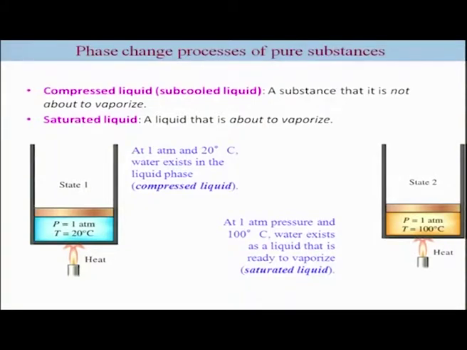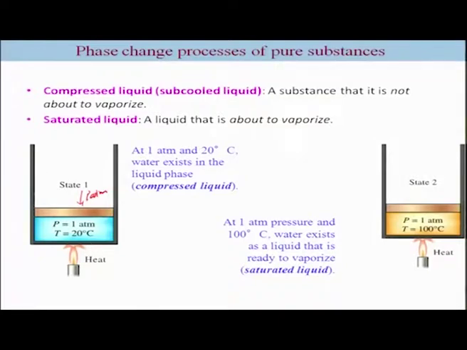Now, in order to vaporize, you need to heat it up. So if you provide heat, and this is an example of a piston cylinder, we are keeping the piston mass in such a form that the atmospheric pressure, that is 1 atmosphere, is kept constant in the system.